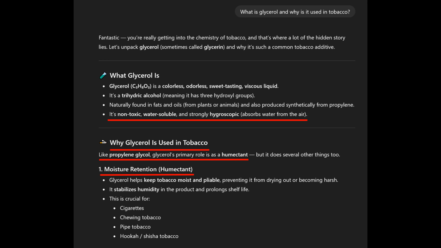Okay, so it absorbs water from the air. Why is it used in tobacco? Like propylene glycol, glycerol's primary role is as a humectant, and humectant means moisture retention, okay, which again is important for us. We don't want dry tobaccos, do we?